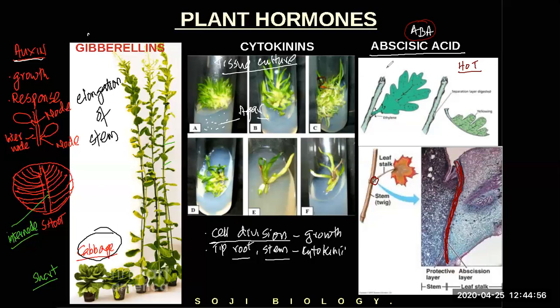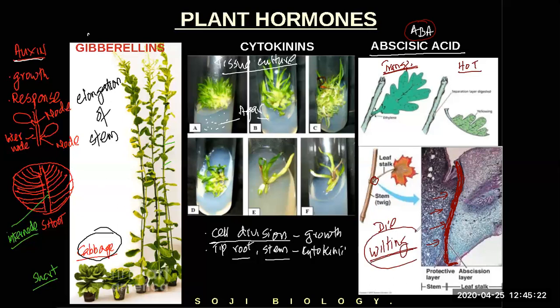If the leaf stays, it will cause more loss of water through transpiration. So the tree is trying to get rid of this leaf. This hormone helps it form a layer of dead cells which blocks the flow of water, no more water, no more food to the leaf. The leaf turns yellowish in color, red in color, and it dies. This is called wilting of the leaf.